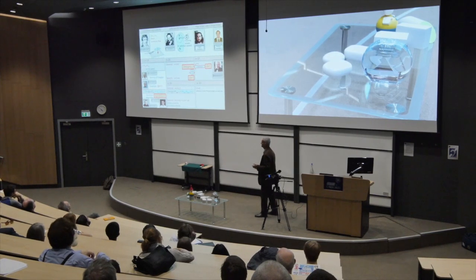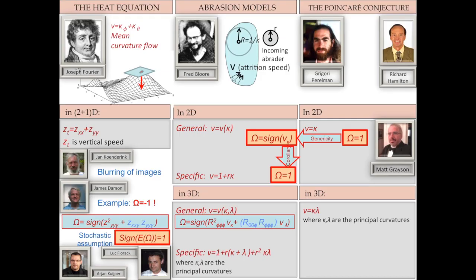So 2 mathematicians, actually students of Köndering, said that the term which we cannot explain, we will replace by a random variable with 0 expected value. And if we do that, then we get a random process, the expected value of which is positive.